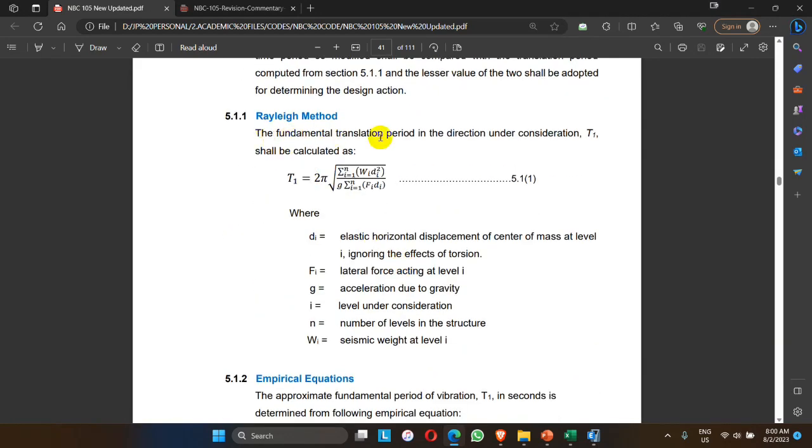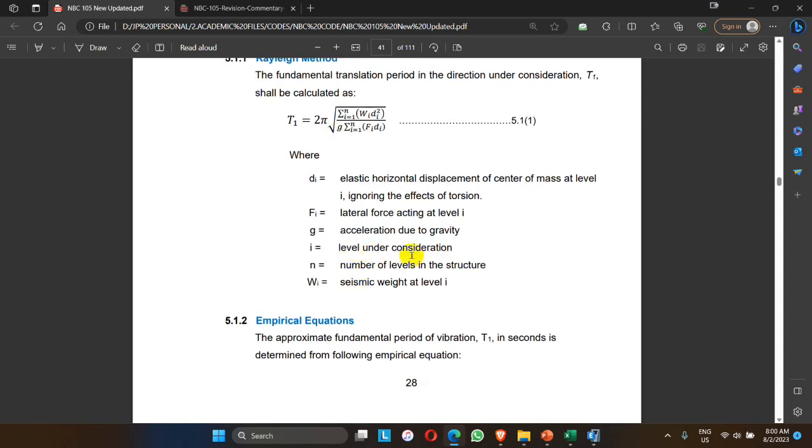If you go into the Rayleigh method, the fundamental translation period in the direction under consideration, either it's mode 1, mode 2, or mode 3 in the X or Y direction, can be evaluated as T = 2π √(Σ(i=1 to n) Wi δi² / (Σ Fi δi g)), where δi is the elastic horizontal displacement of the structure at its level, Fi is the lateral force acting at each story level, g is the acceleration due to gravity, i is the level or story under consideration, and n is the number of levels of the structure.